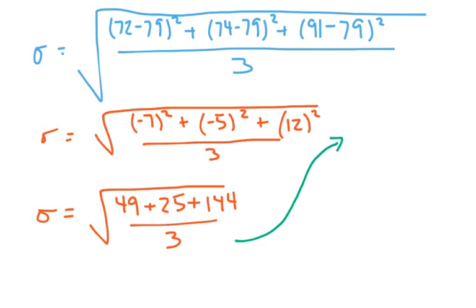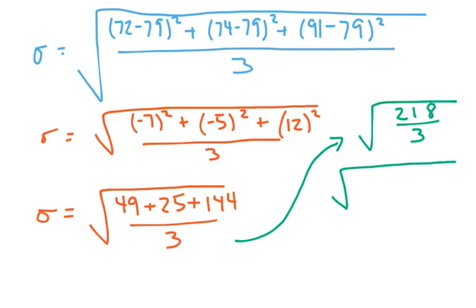When we add those together, we've got the square root of 218 over 3. Go ahead and divide those and have square root of 72.66667. Your calculator may have more decimal points than that. Go ahead and keep them all for now. And then this step is the one that students tend to forget sometimes. This very last step, take the square root of that number.